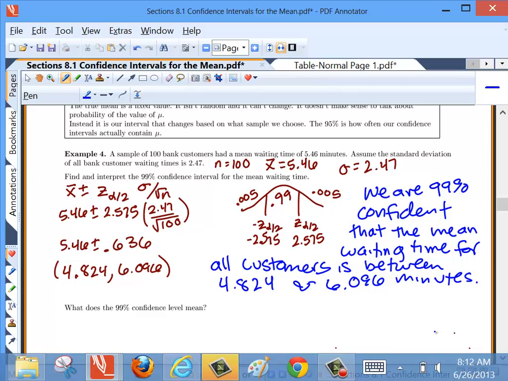So we've actually narrowed it down quite a bit here, I think. We're pretty sure that the mean waiting time for all customers is between 4.8 and 6 minutes.